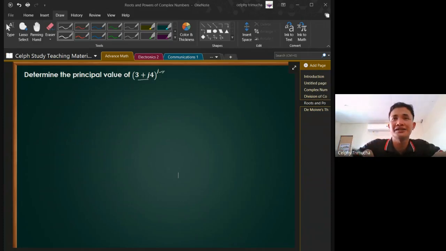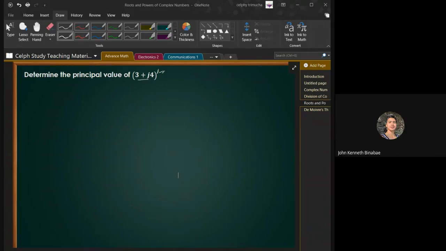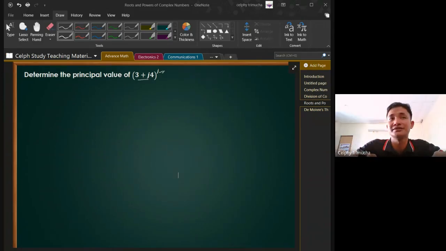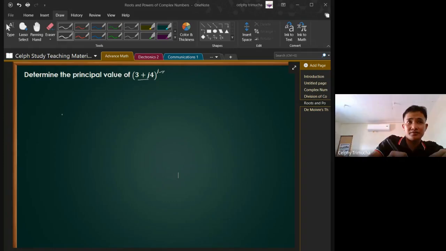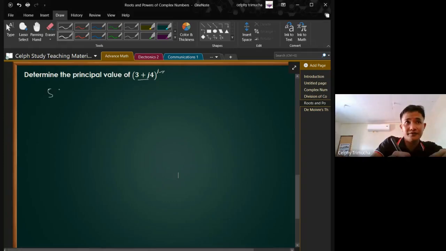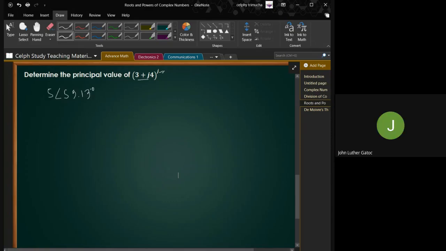Sige, Net, may calculator ka, Net? Sir. Sige, anong value? 5. Angle 53.13. Okay. So, 5 angle 53.13 degrees.